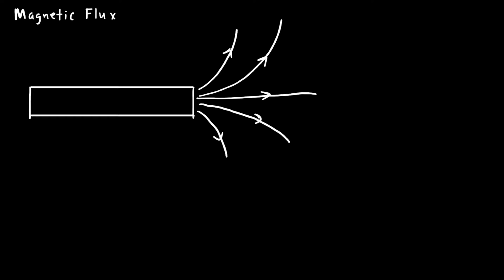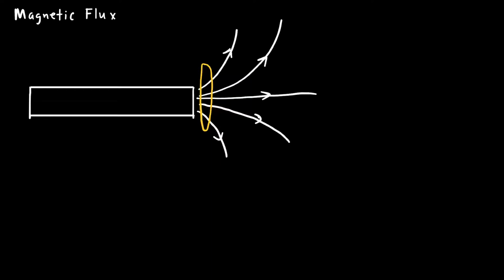Next, we're going to imagine a little circle that I'm drawing at a certain point away from this magnet. So maybe right here. So here I have a three-dimensional little loop that I'm placing at that location just away from the edge of the pole of the magnet.